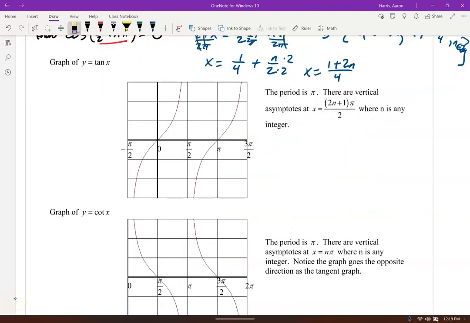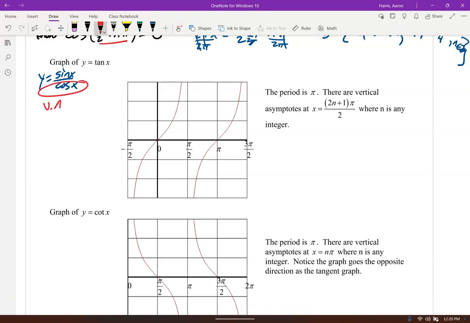But all right, let's get into the tangent. So how do I build the tangent here? Let me give myself a little room. Tangent we know is sine over cosine, right? So I'm first going to talk about, well, where is this thing undefined? Well, I can't divide by 0, so anywhere where cosine is 0, right? And again, we know cosine of pi halves is 0, so x being pi halves satisfies that.